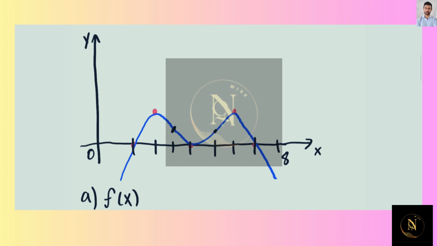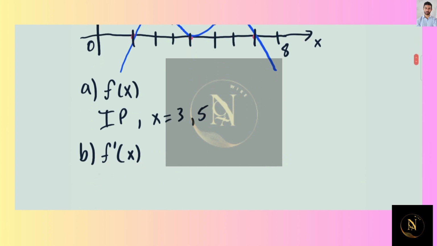We're not going to be going from positive to hitting 0 to then positive again for our second derivative, since these are maximum and minimum values. So the maximum and minimum values of our function occur at x is equal to 2, at x is equal to 4, and at x is equal to 6. So our inflection points are at x is equal to 2, x is equal to 4, and x is equal to 6.